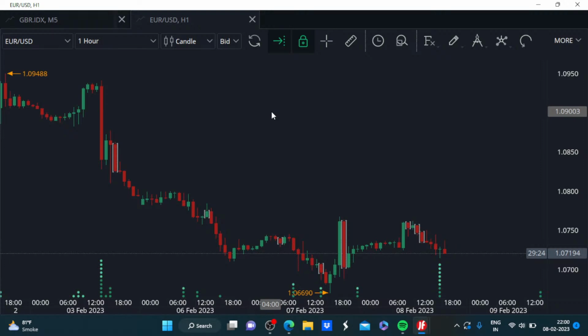And let us also look at one interesting feature which has been added on the platform. There is a hot list. You have to zoom in, zoom out a bit, 100%, and it will appear on the chart.